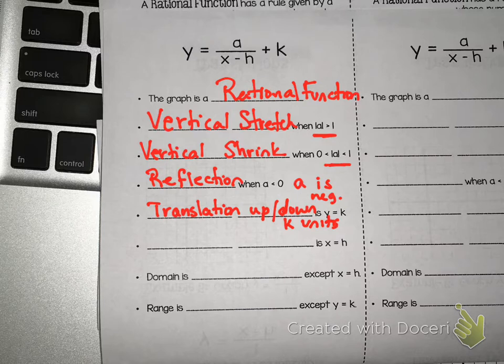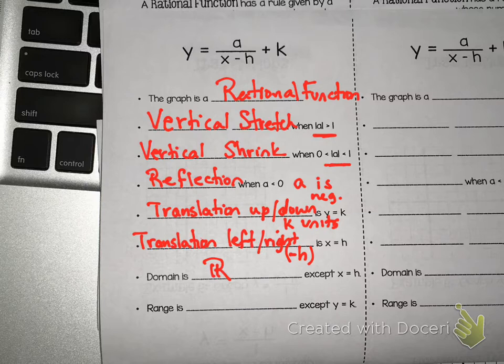And the x is equal to h is a translation left or right, and it's going to be the opposite of h. So your domain is all real numbers except where x is equal to h.